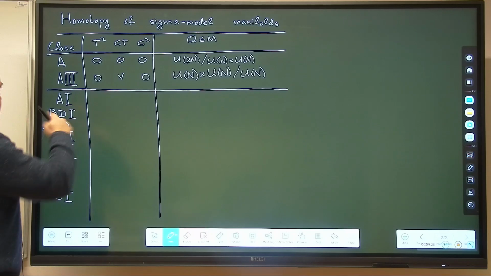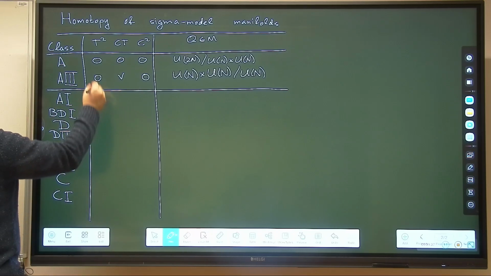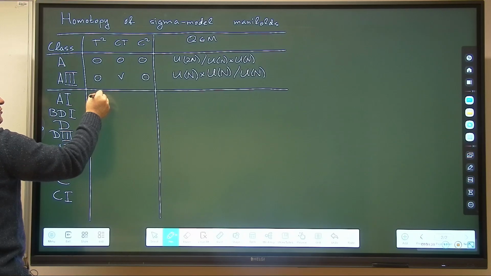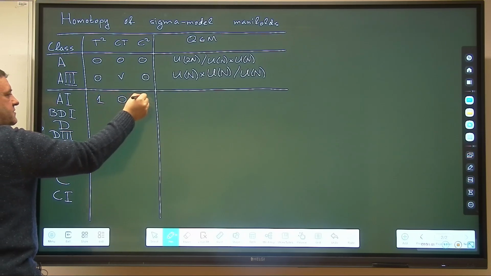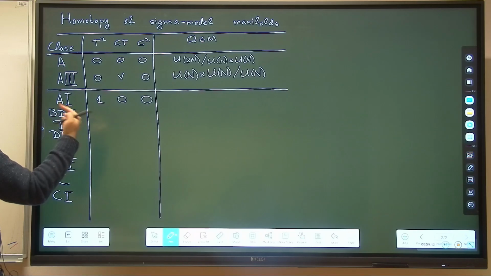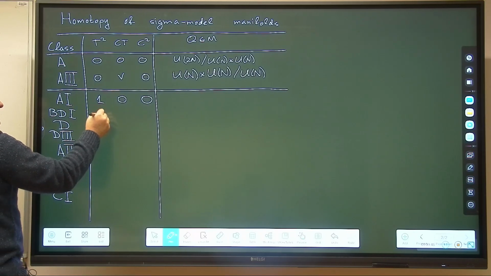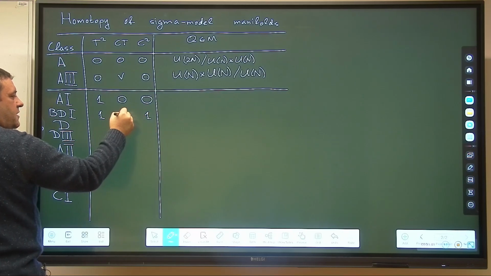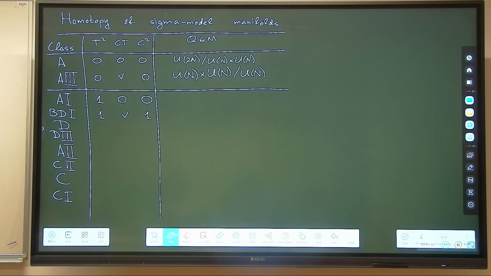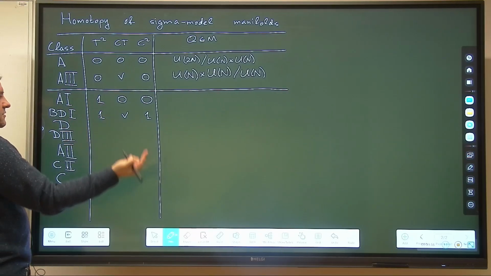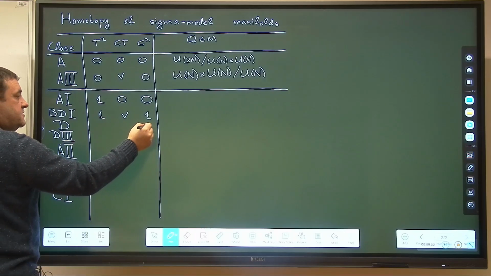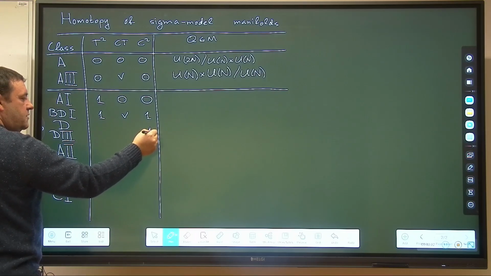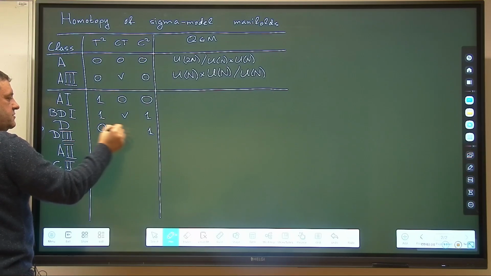So, symmetries. Orthogonal class has T symmetry that squares to 1 and doesn't have any other symmetries. Class BD1 is chiral orthogonal. It has T that squares to 1, and it has C that squares to 1, and it has a CT symmetry as well. Class D, superconducting unitary, has C that squares to 1, but doesn't have time reversal symmetry.